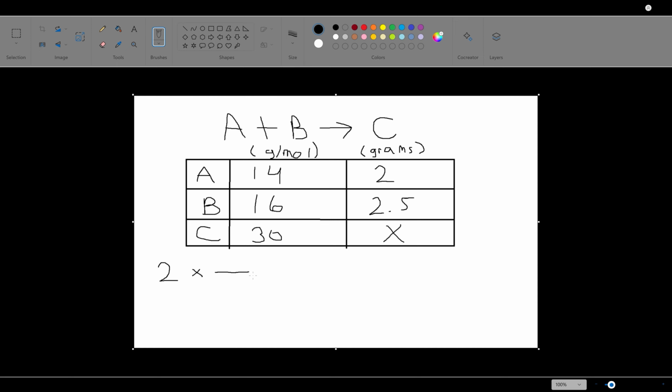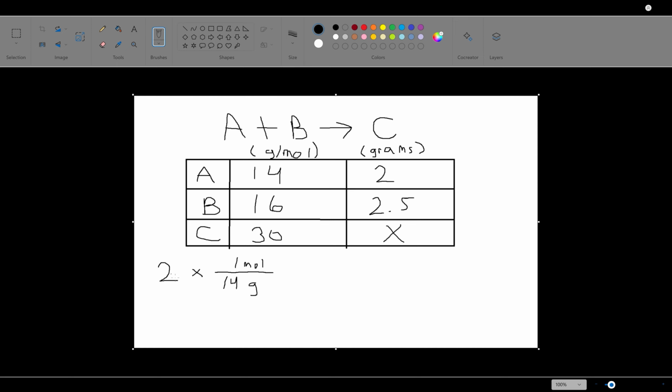And then we multiply that by the gram per mole amount, our molar mass, which is 14 for A. So we would then do divided by 14, and then 1 mole on the top. So 14 grams down here.